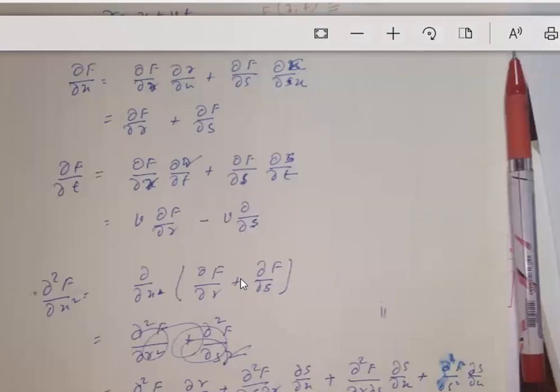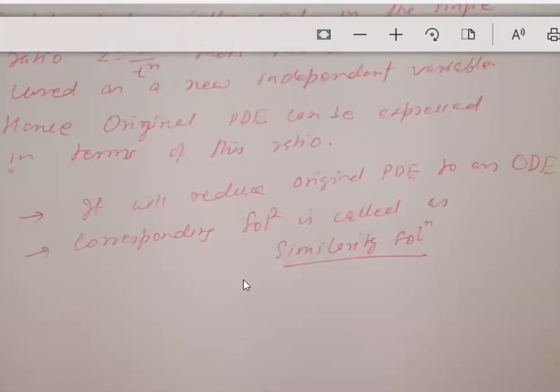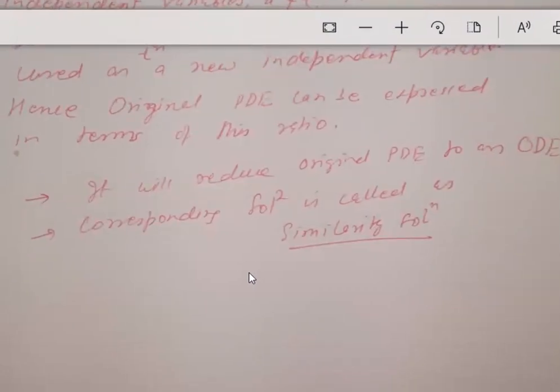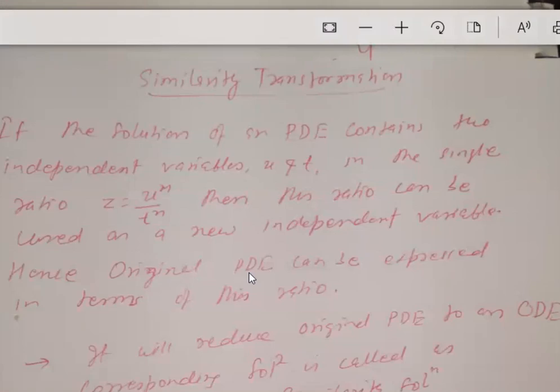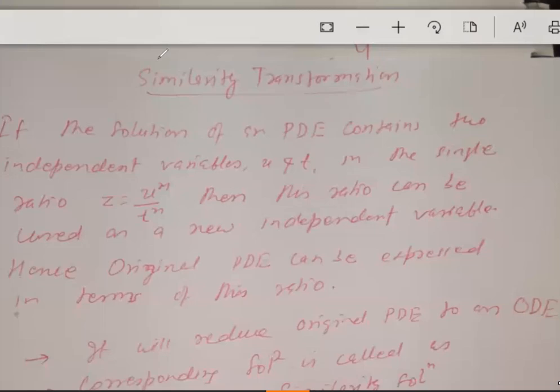Now we are going to see today the similarity solution. Similarity solution means, see, we have a variable, let's say u of x, t.